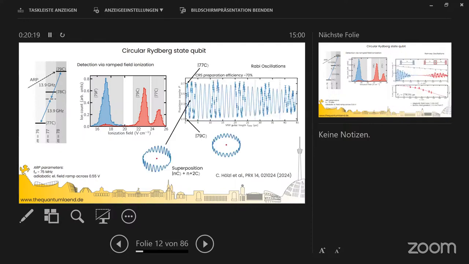Applying this microwave drive between these two circular states, we can drive Rabi oscillations, for example. This is a Rabi plot on this two-photon microwave transition that starts in the 79 circular state and then coherently populates 77 within a couple of tens of microseconds, and there is decay on this, basically from small power fluctuations on the microwave line that we send in.